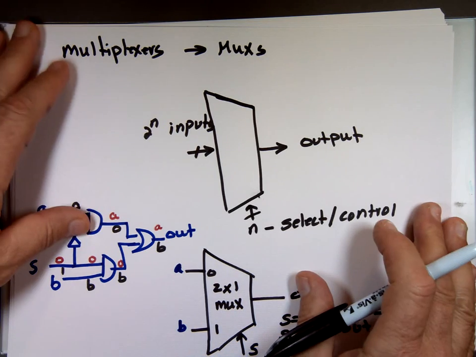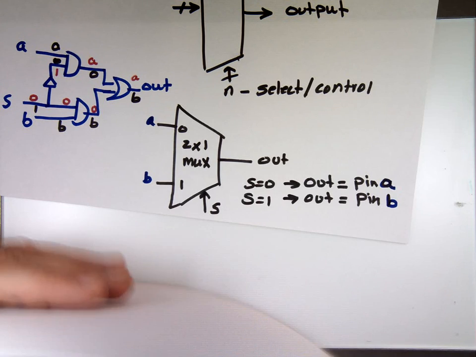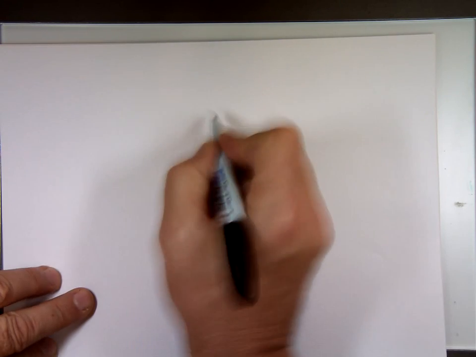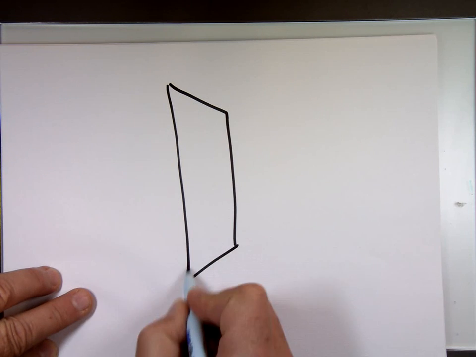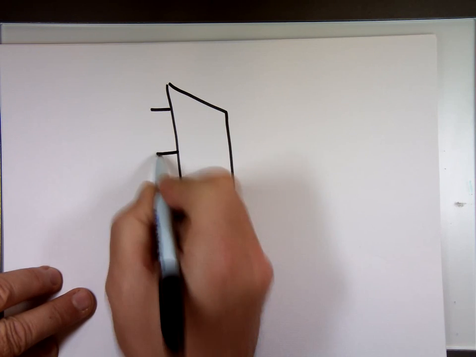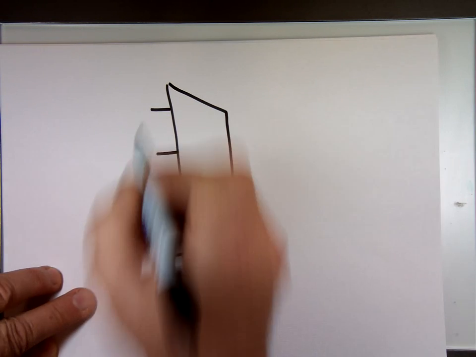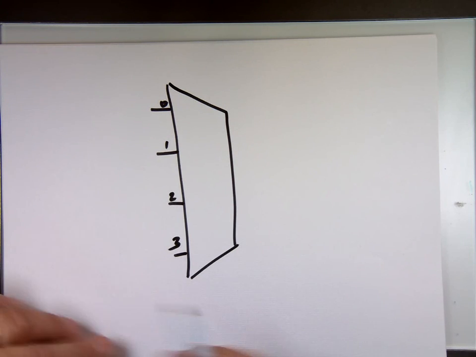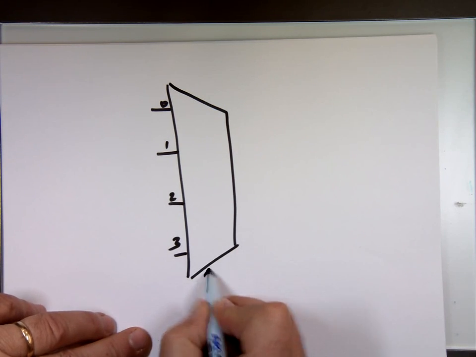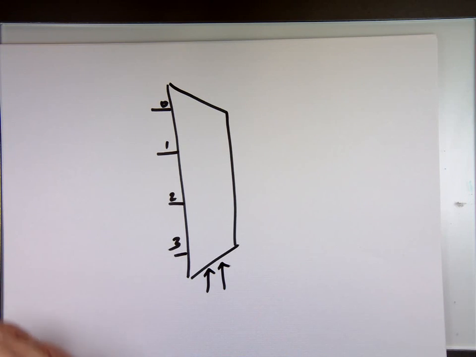Now a 4x1 multiplexer. Since you have 4 inputs, 0, 1, 2, 3, how many control signals will you need? 2 of them.